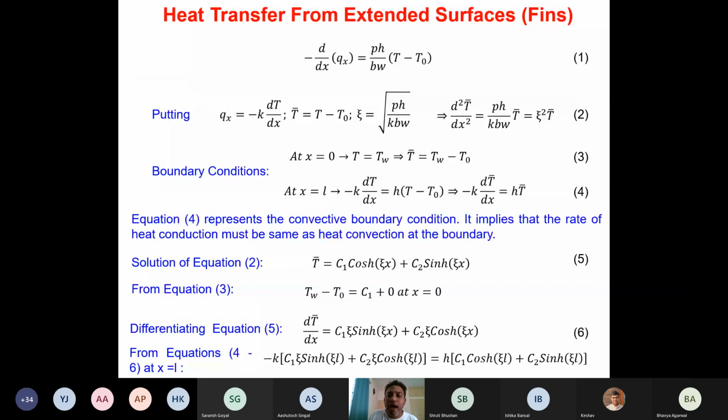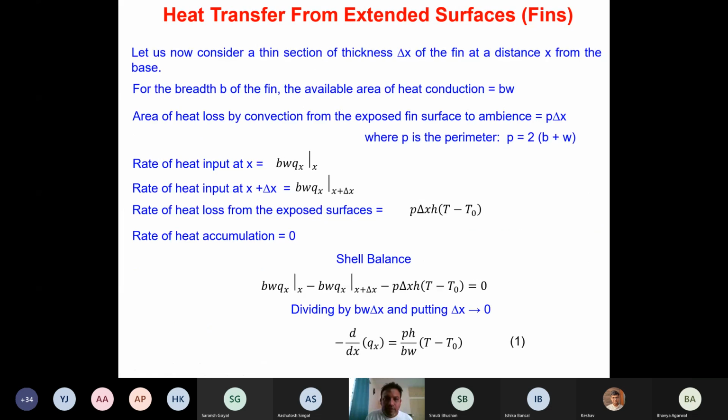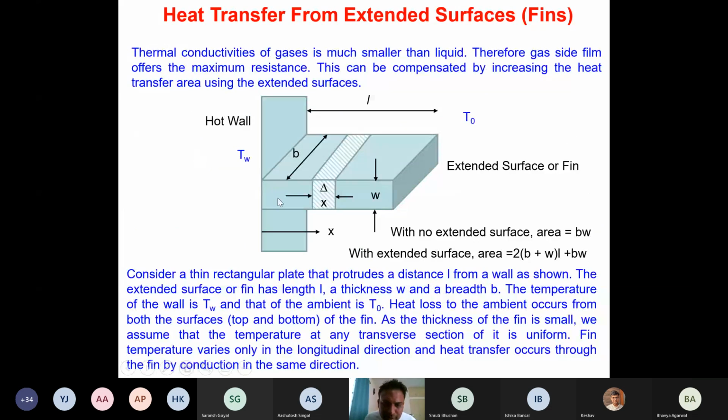Q max is a hypothetical concept in which we are saying that if the temperature at any location along the longitudinal direction is maintained at the wall temperature TW, remember, wall temperature TW is the maximum temperature available here, isn't it?